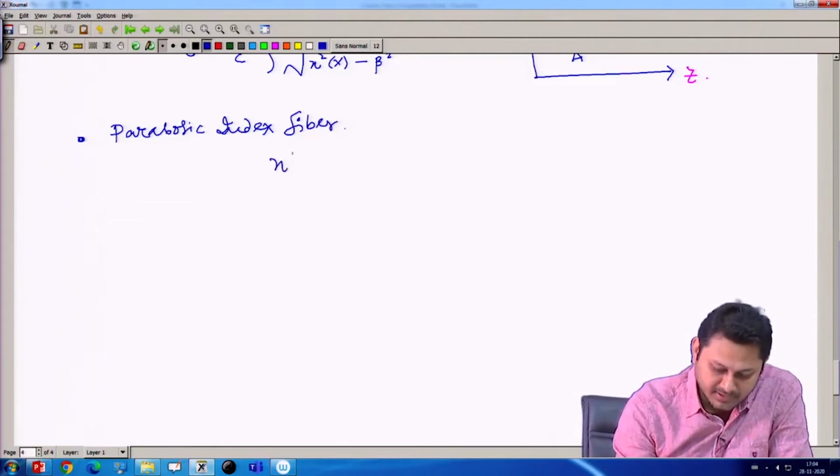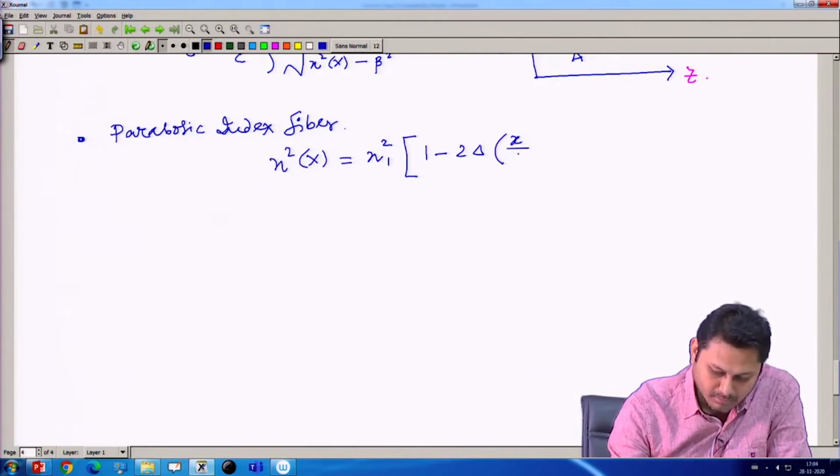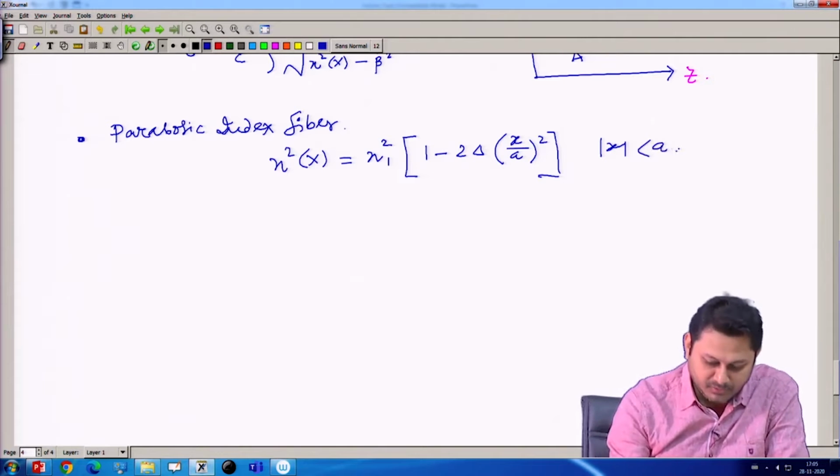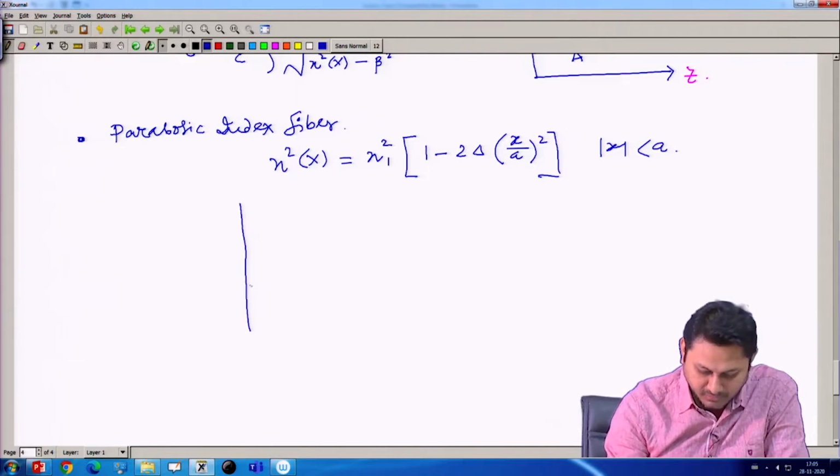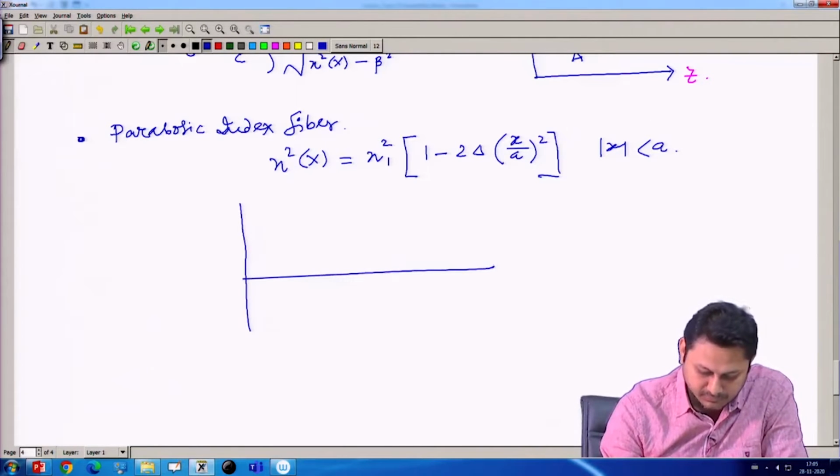We had the refractive index profile something like this, and then we find that the ray follows a sinusoidal path.